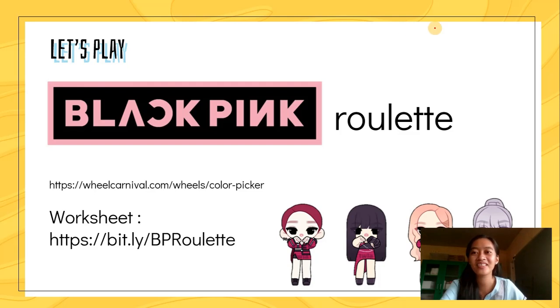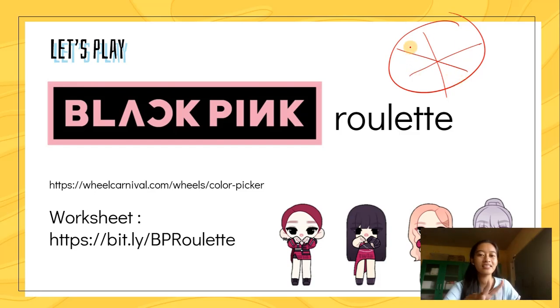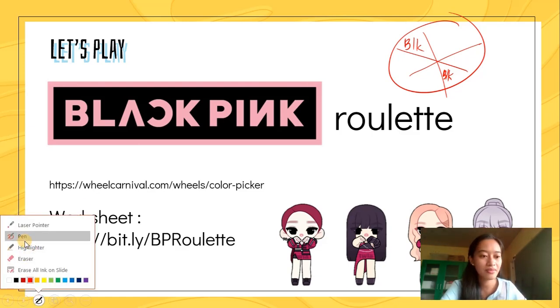So there's a roulette, and it's divided into 1, 2, 3, 4, 5, 6, and then it's black, and here is black, and another black, maybe. Sorry. Let's erase for a while.